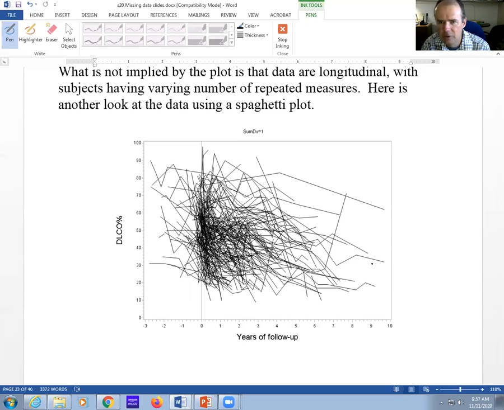So this is my first indication that there's different types of subjects here. And if we just average over everybody, then that may be a convoluted function that doesn't make a lot of sense.